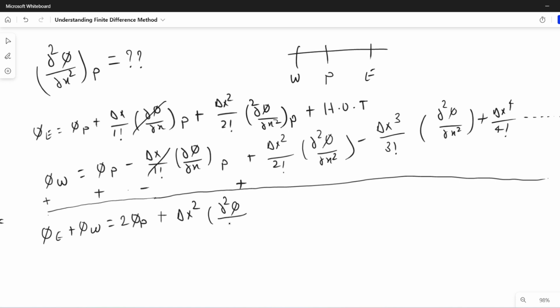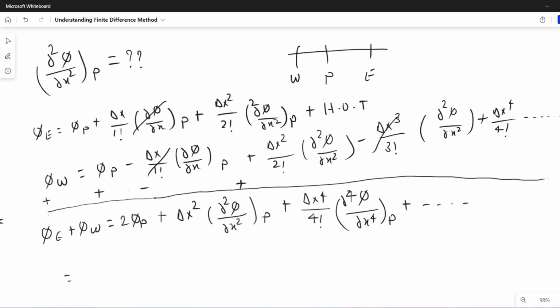This will be equal to ∂²φ/∂x² at point P, plus these terms will cancel out, and the next term will be Δx to the power 4 divided by 4 factorial, and we will have ∂⁴φ/∂x⁴ at point P, and we have other terms.